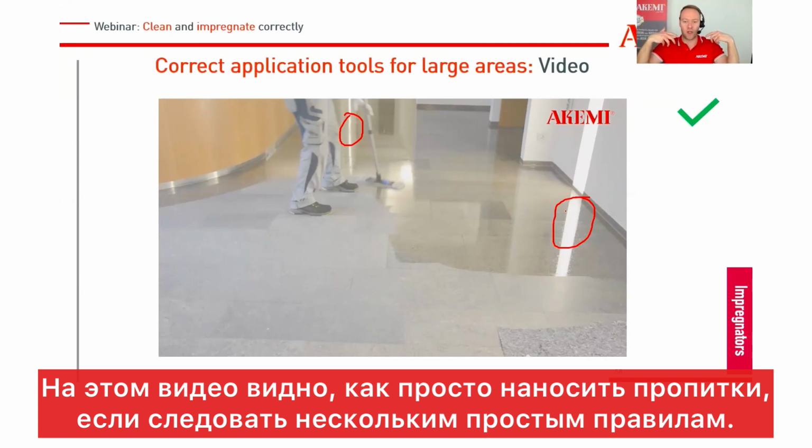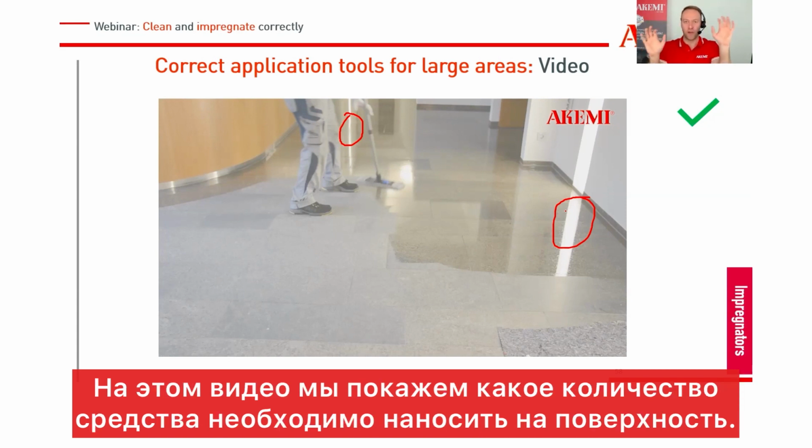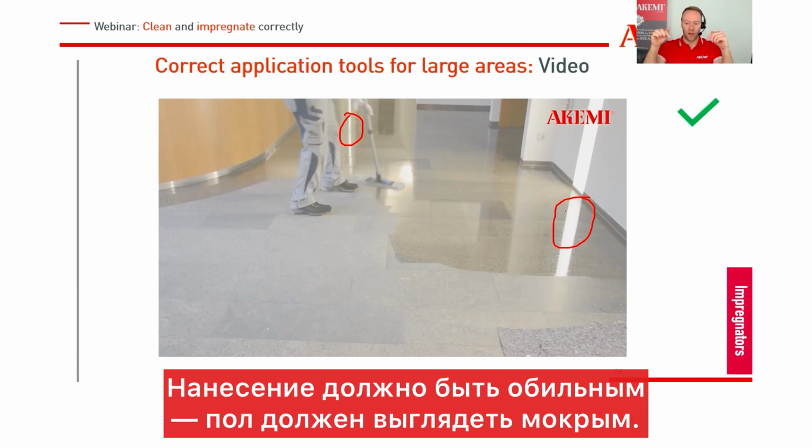When you apply too little product, it will dry up too fast on the surface and then it will sit only on the surface. It will look good the first 1 to 3 weeks, the protective effect, but later on it will be washed off or run off. So the product has to penetrate, and to penetrate, it must stay liquid. And for that reason, you need enough product on the surface.